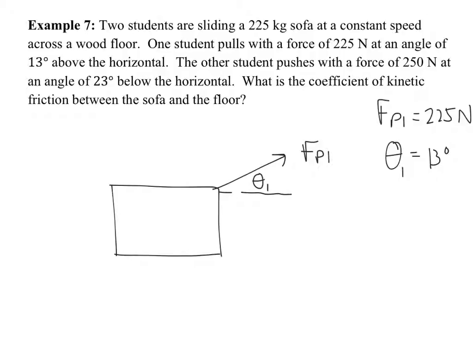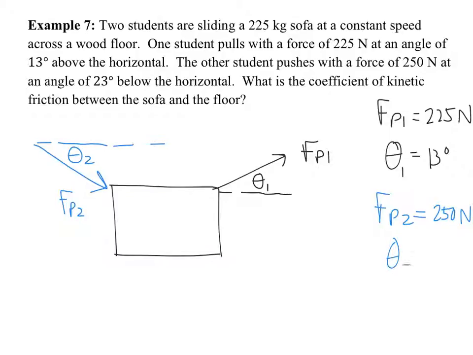Then I've got Sam on the other side pushing, but she's kind of pushing down on this box at 23 degrees below the horizontal. She's pushing with a force of 250 newtons at an angle now of 23 degrees below the horizontal.